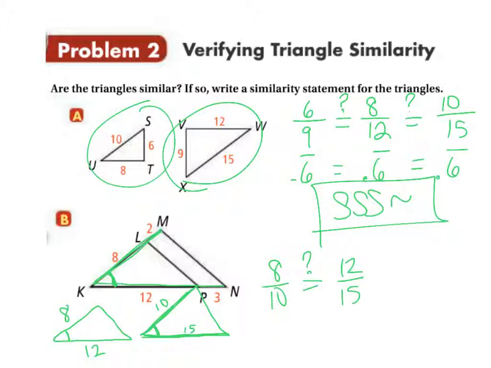And again, you can divide it out. 8 divided by 10, that's 0.8. And then 12 divided by 15, well, looky there, that's 0.8. All right, so they are the same. I think what I have here is two sides that are proportional, and the included angle, the angle between them, is congruent. We call that side, angle, side, similarity.